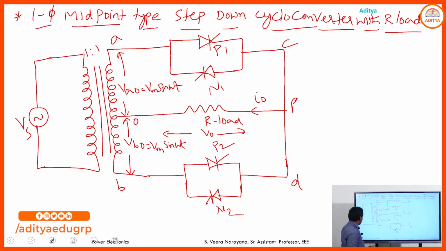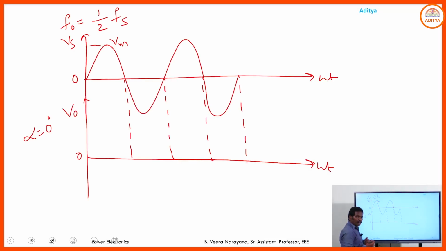Coming to the operation, I want to operate this midpoint type converter like a step-down cycloconverter, and here I want to collect the output voltage which has the frequency F0 equals 1 by 2 Fs.